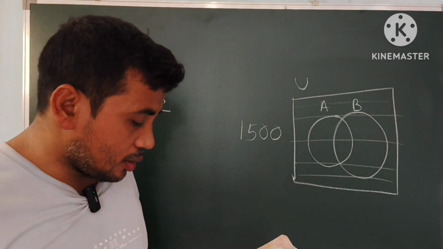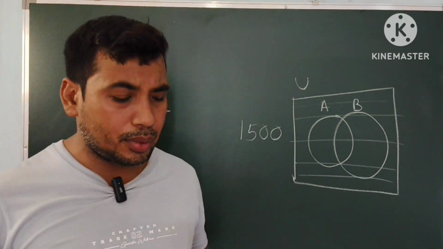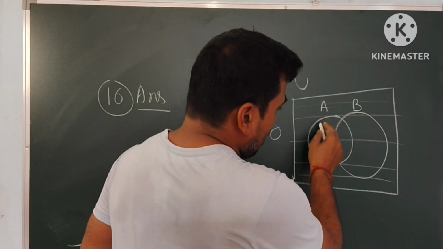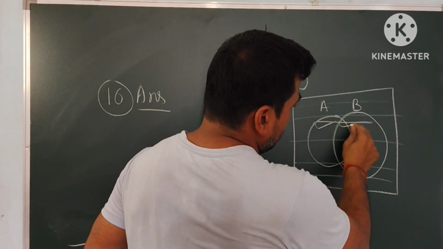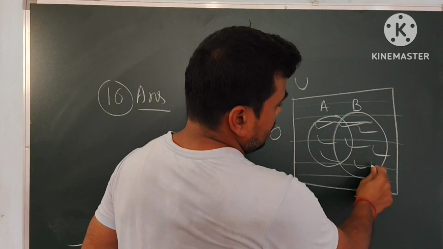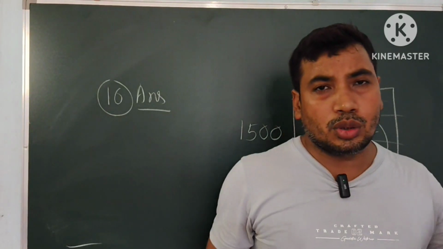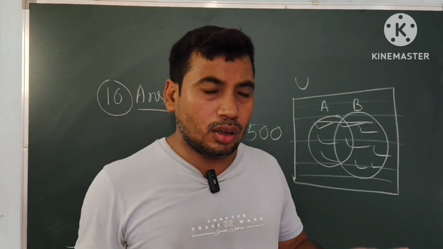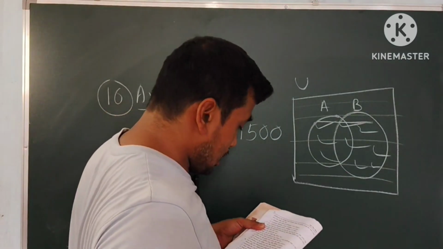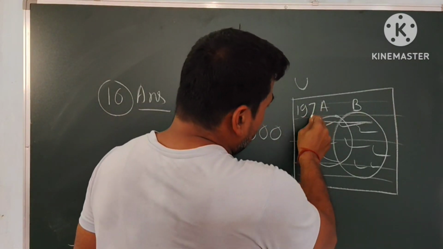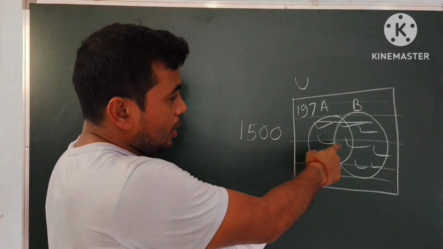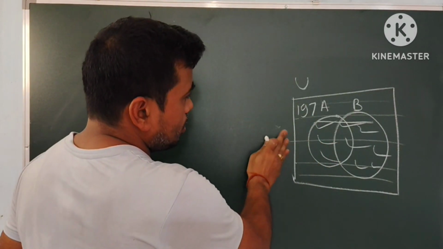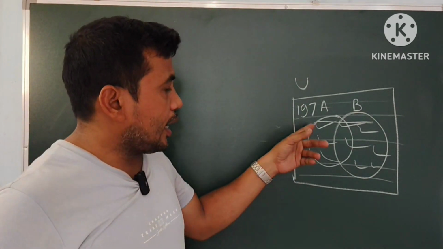But 197 families have no TV and no radio. That means this is A union B, and in this part only those elements remain who have either TV or radio or both. So 197 elements remain outside of A union B but inside of U. From this we get n(A union B).